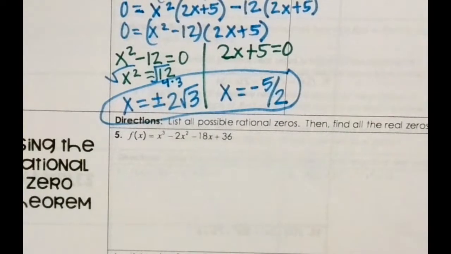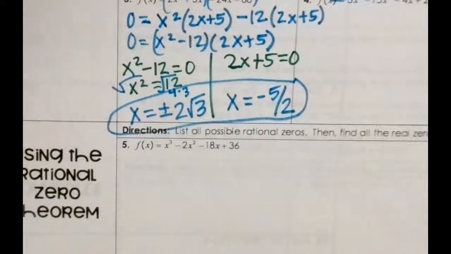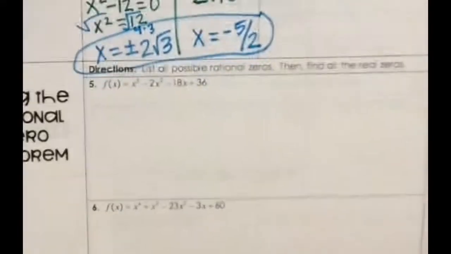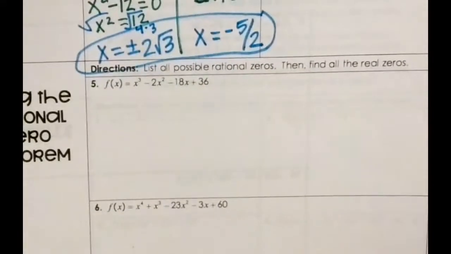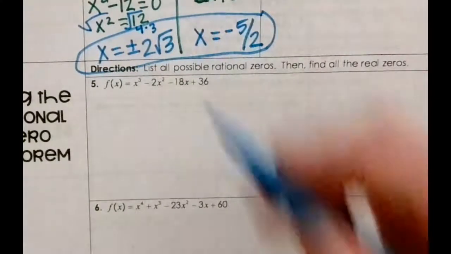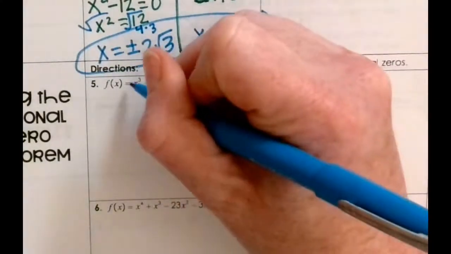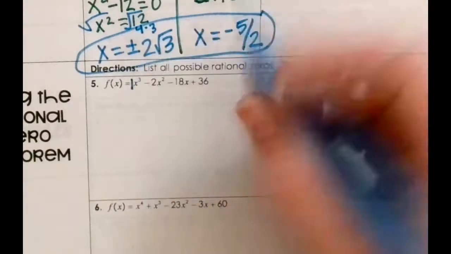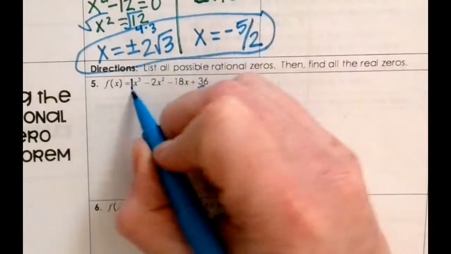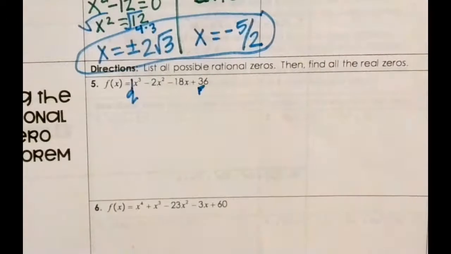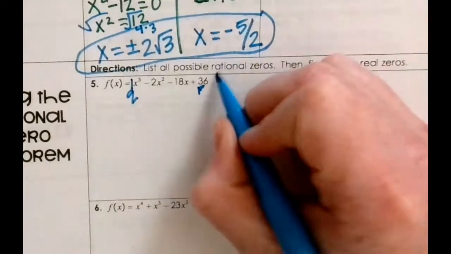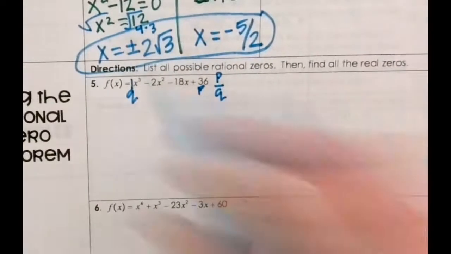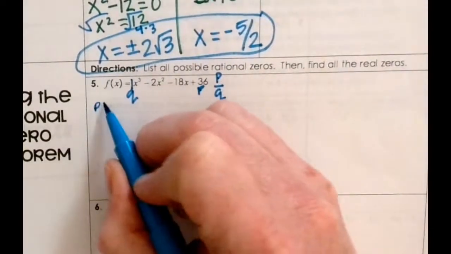What I suggest you do is when you do this homework, which is only a few problems, maybe split up with a neighbor. Yeah, so I'll explain what to do with your neighbor to make it easier. Okay? So let's go back to the rational zero theorem. P is 36. Q is 1. So our possibilities of P over Q. Let's write out what P could be, the factors.